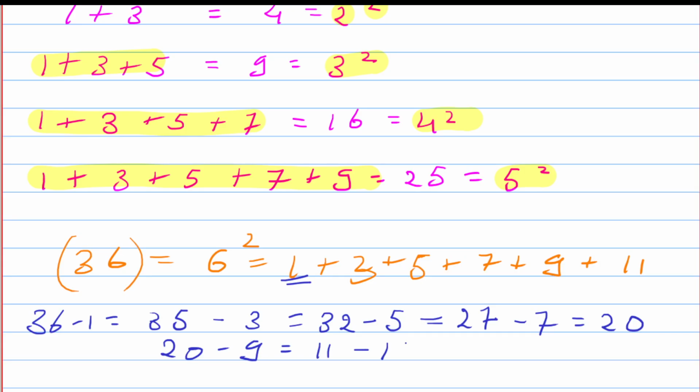And 11 minus 11 is 0. So you will keep on doing this till you get 0. And how many numbers did you have to subtract? You had to subtract 6 numbers, and that is how you will get your answer.